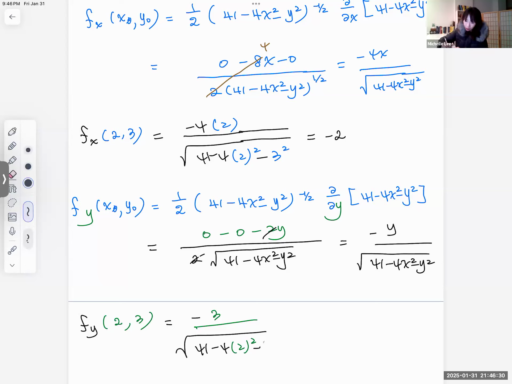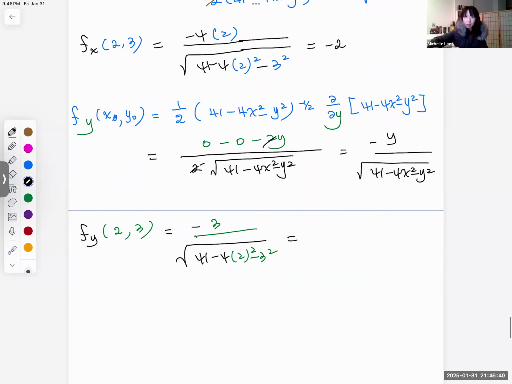Can you please calculate? Minus 3 squared. Oh my gosh, yeah, very sorry all the time. Oh, you cannot see that. So what do you have? Negative 3 over 4? Good.